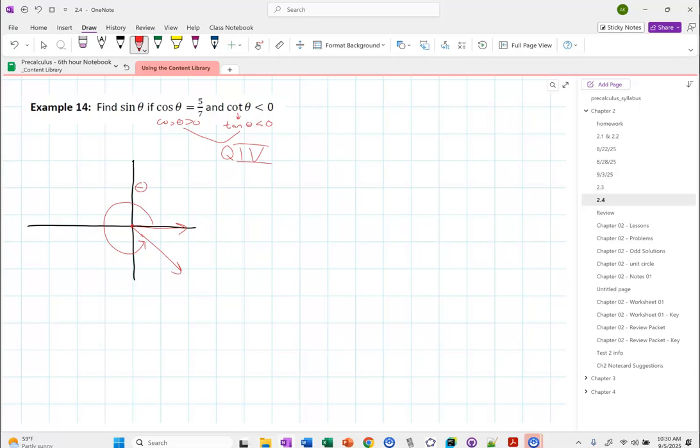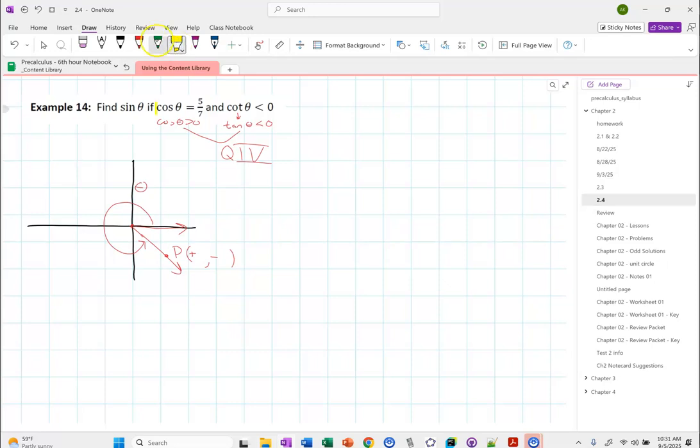Everybody feel good so far? So if I take my point, what do I know about the x-coordinate? It's got to be positive, because it's in the 4th quadrant. And the y-coordinate has to be negative, because it's in the 4th quadrant. Very good so far?